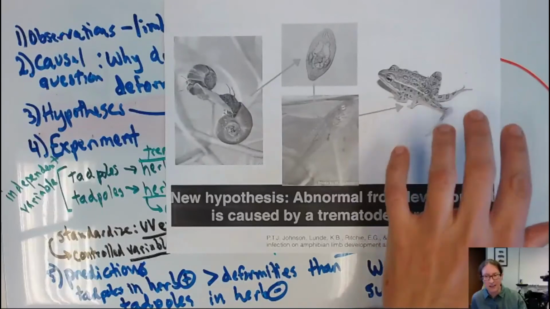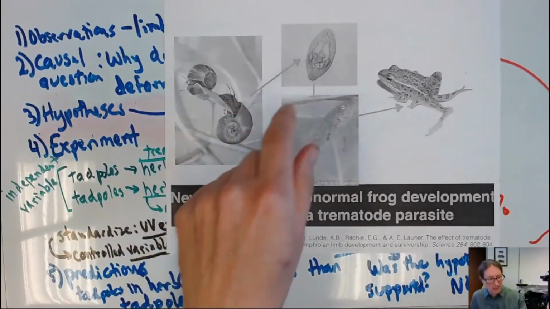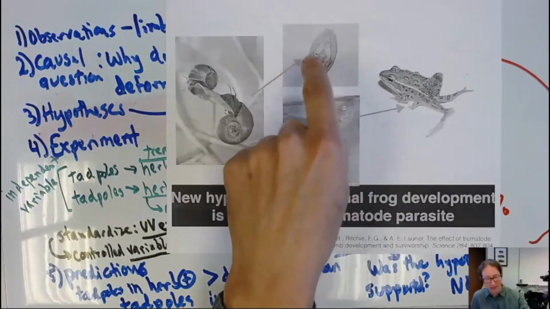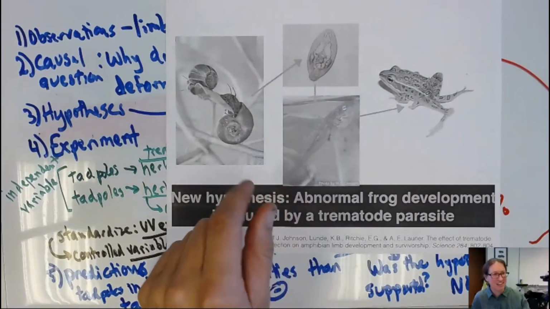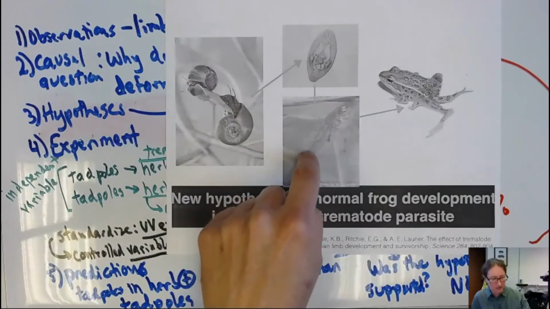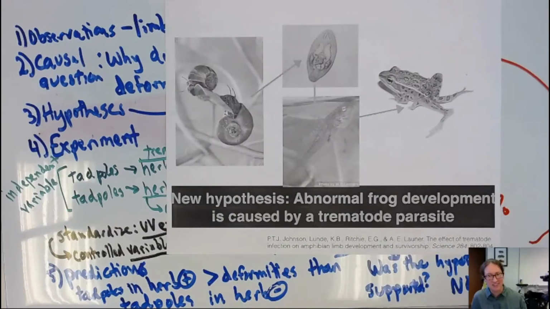It's outlined here: that maybe the factor causing the deformities was actually a frog parasite, a type of trematode called Ribeiroia. Ribeiroia has an alternate life cycle. So here's what this parasite actually looks like. It spends part of its life cycle in snails, and then part of its life cycle in frogs. And so his hypothesis is that this could be what's causing the deformities.